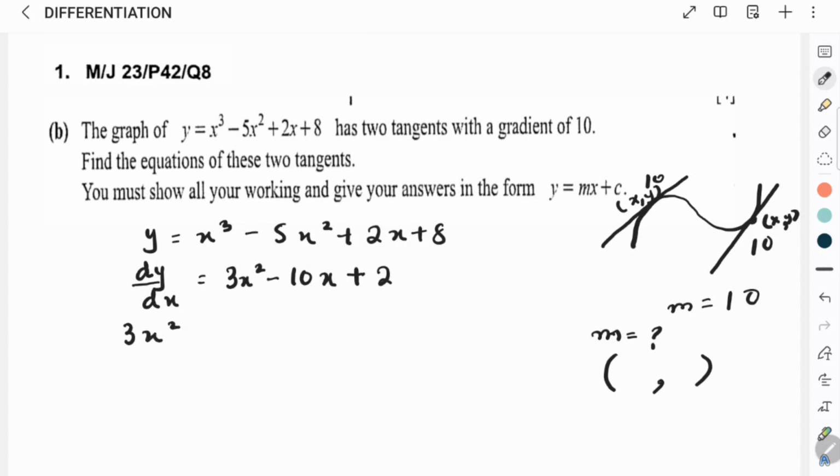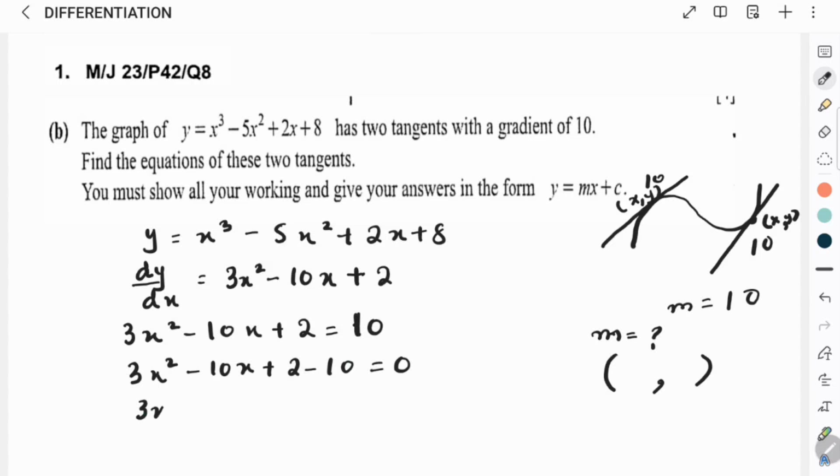It means 3x squared minus 10x plus 2 equals 10. At a stationary point the gradient is 0, but here the gradient is given, which equals 10. We cannot find the answer unless it equals 0. So 3x squared minus 10x plus 2 minus 10 equals 0, and the equation becomes 3x squared minus 10x minus 8 equals 0.